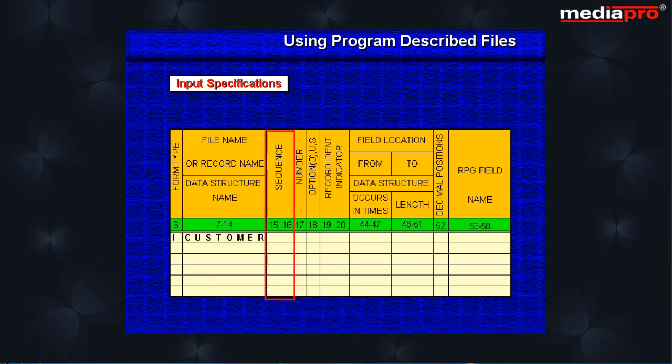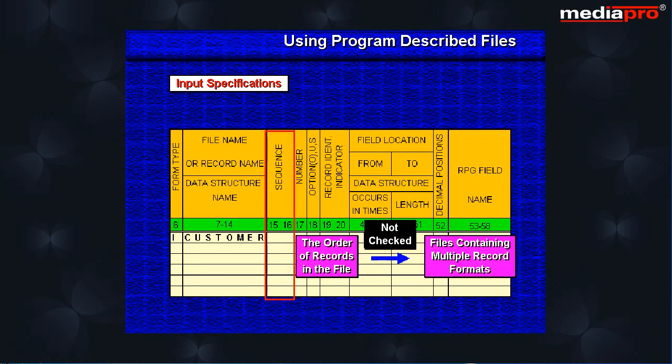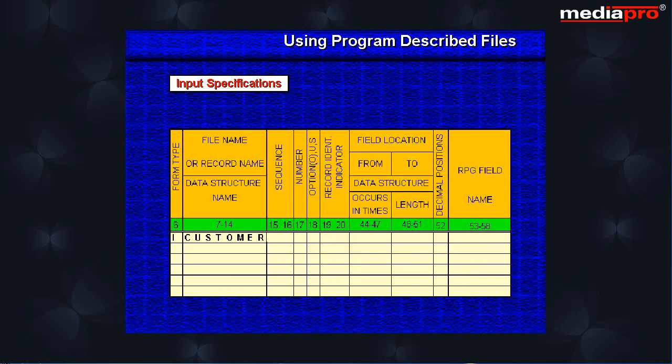Then you have a sequence entry in columns 15 and 16, which is used to specify whether the order of records in the file should be checked or not for files containing multiple record formats. When sequence checking is not applicable, you can code any two alphabetic characters here.